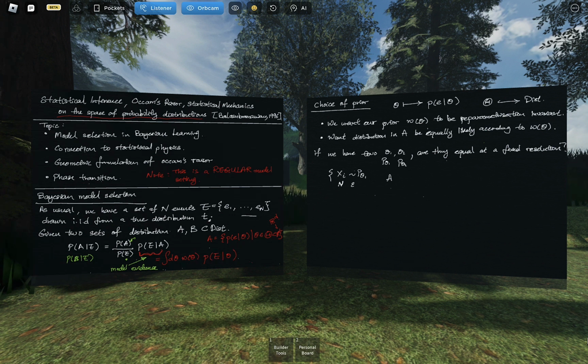So we want a prior W of theta such that if we reparameterize by a smooth change of chart, we get W tilde, which is the prior after the change of chart.